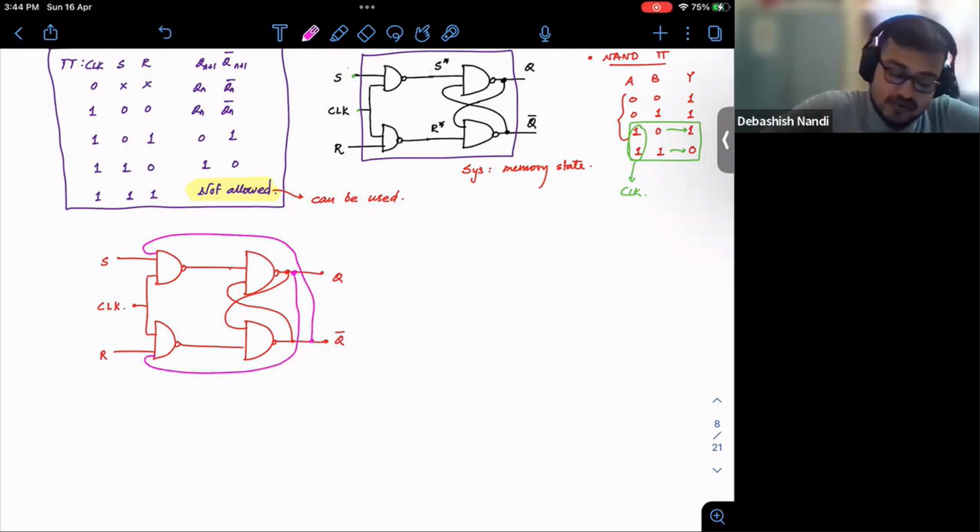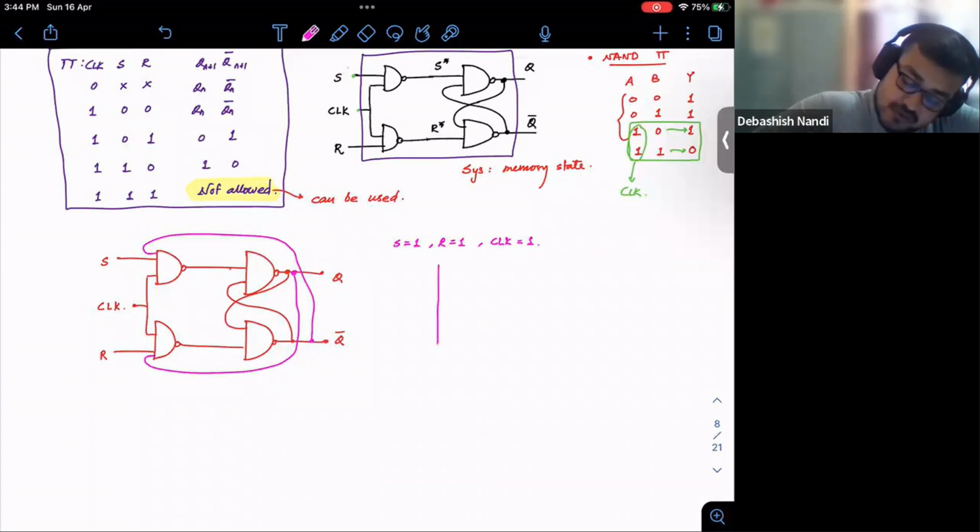And you do this kind of configuration when S equals 1, R equals 1, and your clock is also 1.